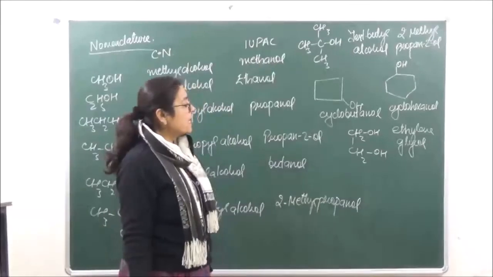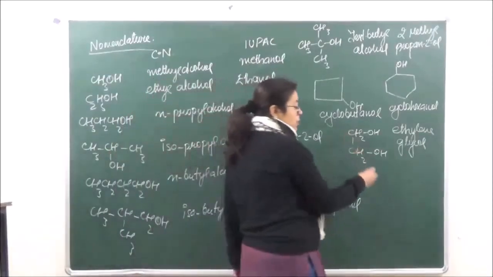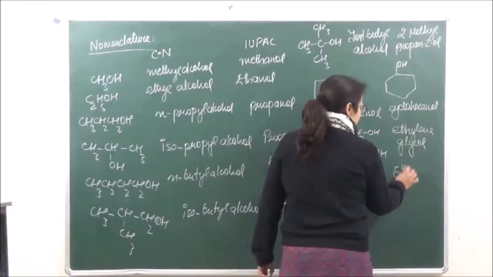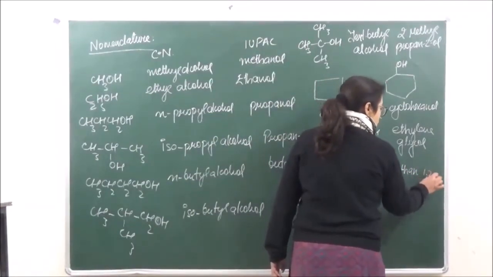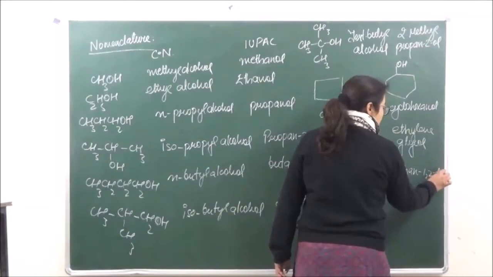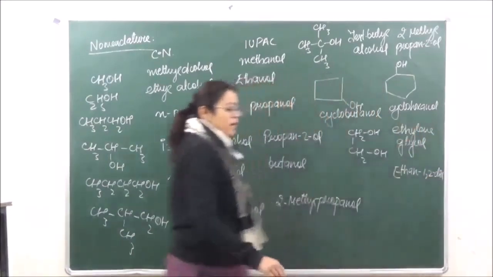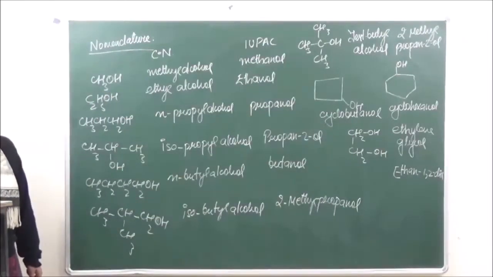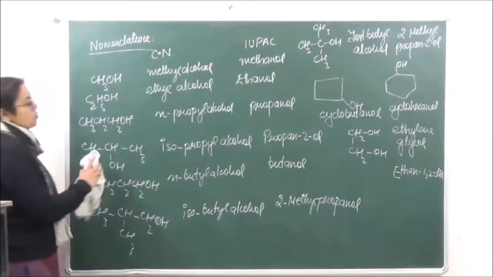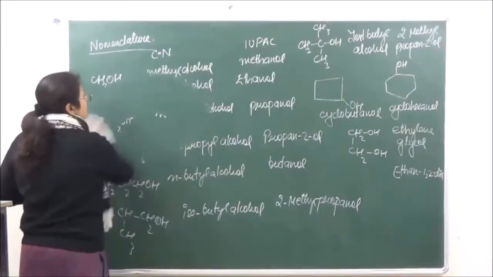But if you're looking at the IUPAC name, this is going to be known as ethane 1,2-diol. This is going to be the IUPAC name, ethane 1,2-diol. Okay, then let's go on to other examples of this.